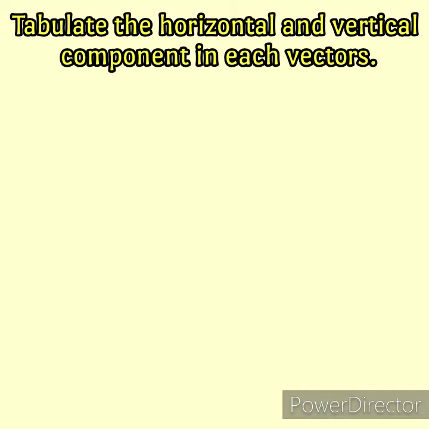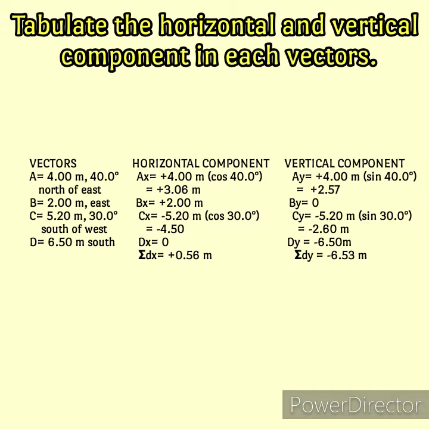You may turn your book to page 40, sample problem 2.9, wherein it is stated: Anna runs 4 meters 40 degrees north of east, 2 meters east, 5.20 meters 30 degrees south of west, and 6.5 meters south, before stopping for a water break.